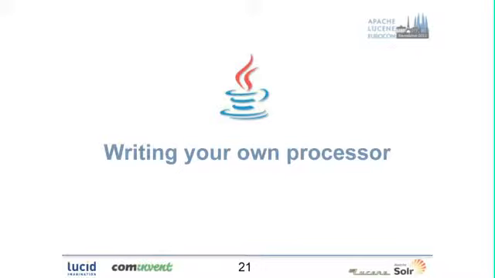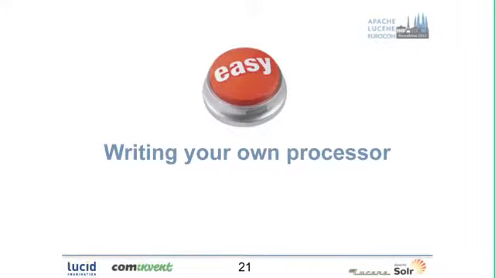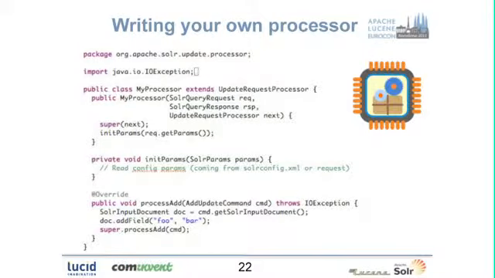So that's her name. So let's go to writing your own processor. And that's not difficult. It's very easy. You need actually two classes. You need your processor, which has a constructor. It can take whatever parameters, but typically you have the Solr update request and the response and the link to the next processor in the chain. And then you need to do some initialization to read the configuration and set up stuff.